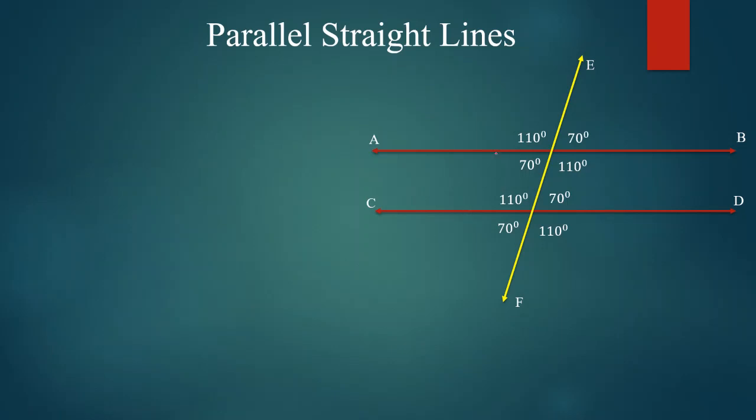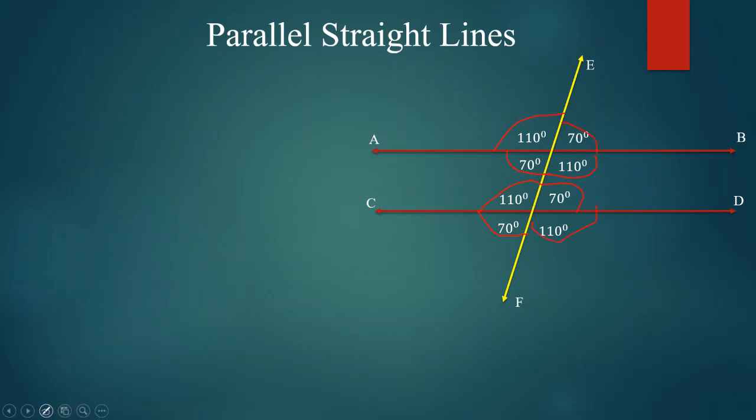Look at the figure. This is one of your solutions. Here you can see that this pair is equal, and we also know that this pair are corresponding angles. This pair also, this pair also, this pair also corresponding angles.